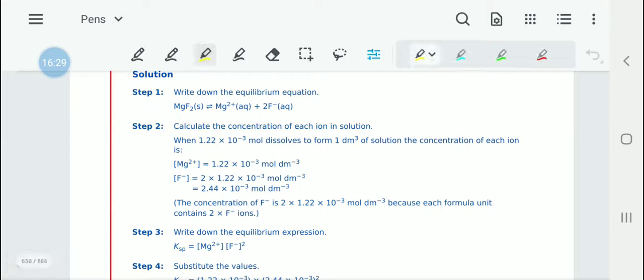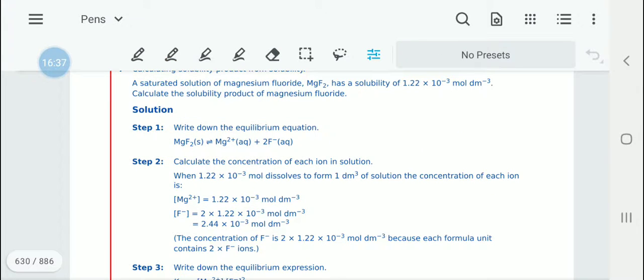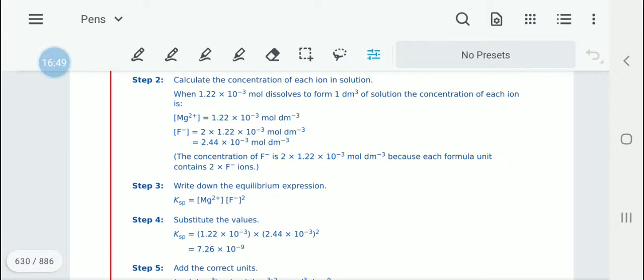Magnesium fluoride dissociates into 1 mole of Mg2+, so it would have the same concentration. However, for F-, there would be 2 moles produced, so its concentration is going to be double that. Then the concentration of F- is going to be 2 × 1.22 × 10^-3.